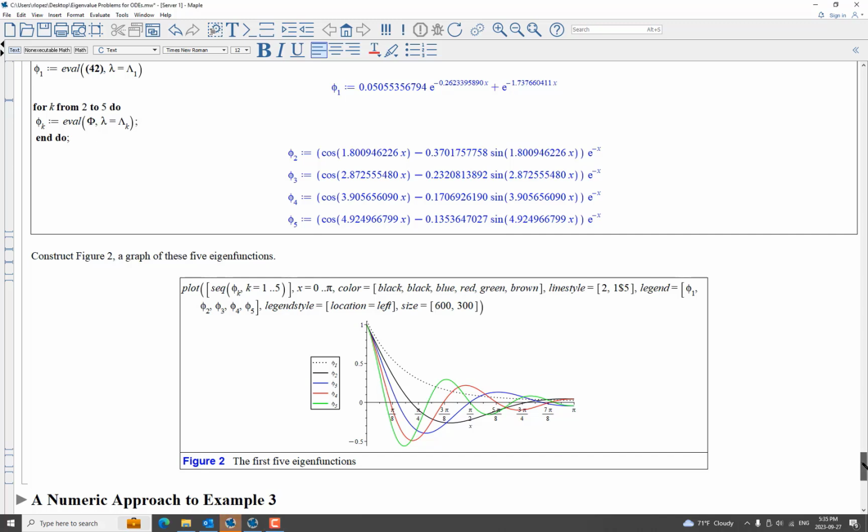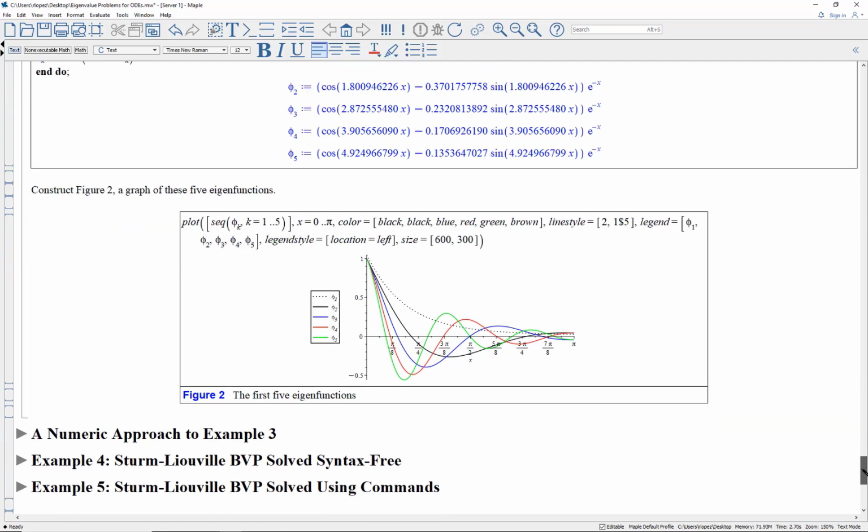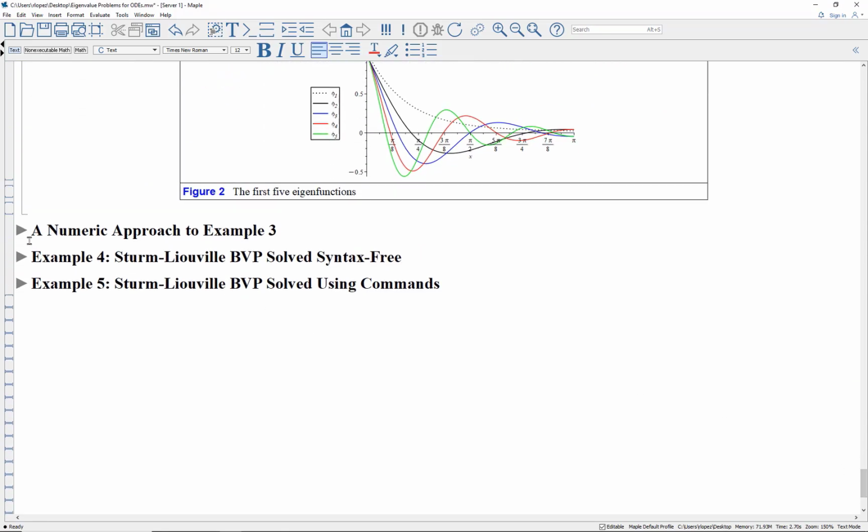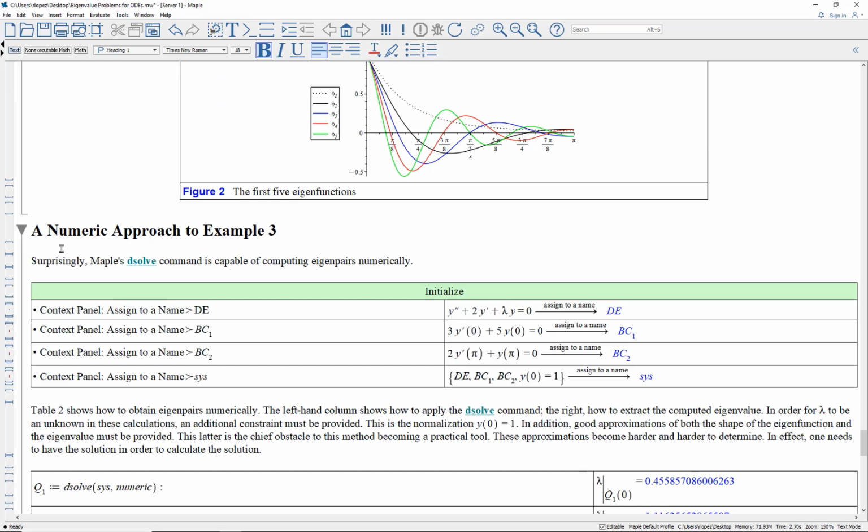Now Maple has some tools that will allow us to double check what we just did. And surprisingly, it's in the dsolve command, because the dsolve command can compute eigenpairs numerically. So let's set that up. Differential equation, first and second boundary conditions.